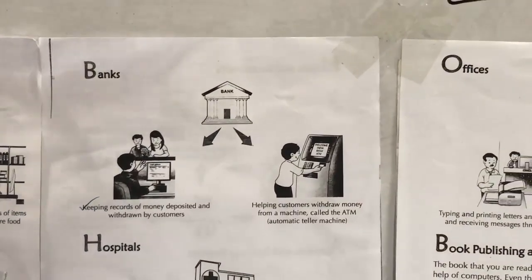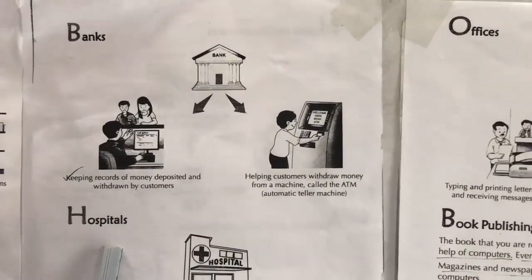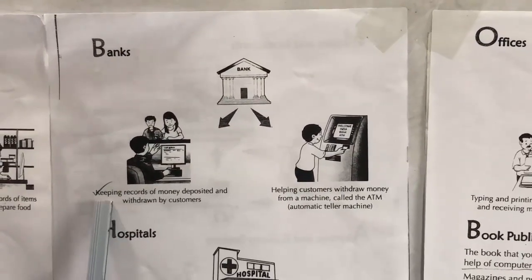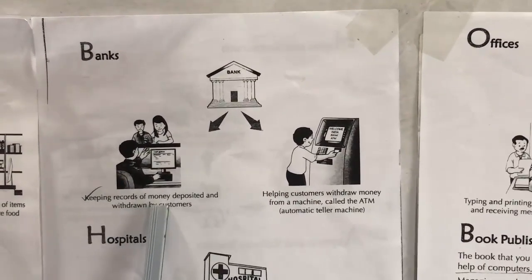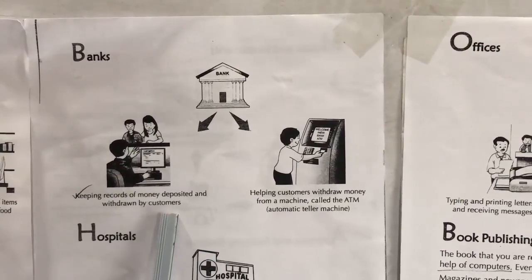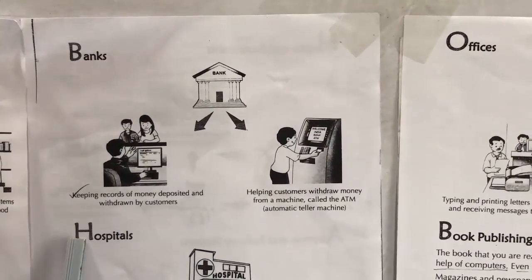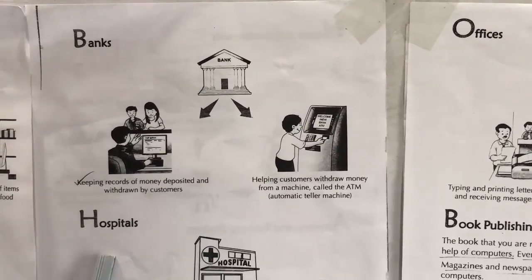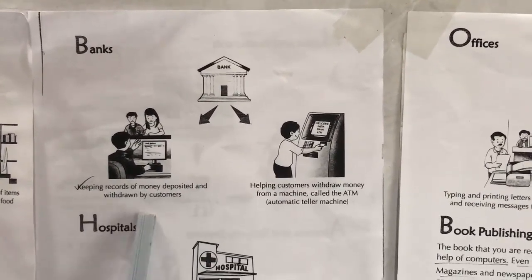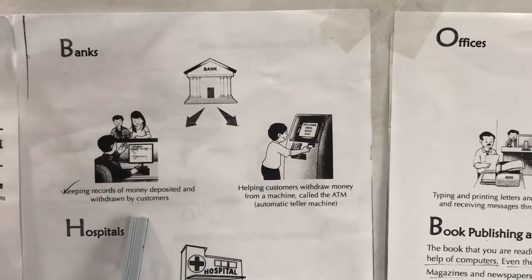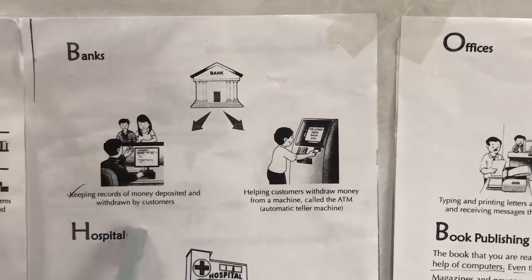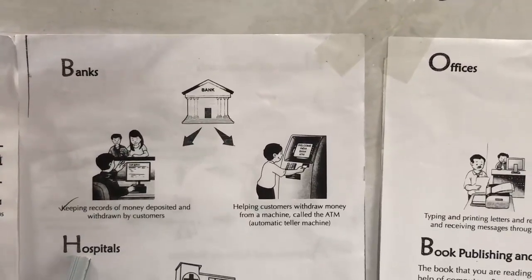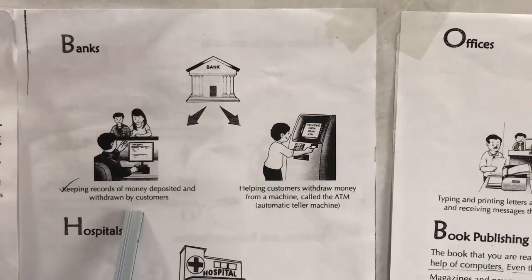Next one, banks. How we use computer in banks. So number 1, keeping records of money deposited and withdrawn by customers. So for these two reasons, keeping records of deposited money and withdrawing money, we use computer in the bank.